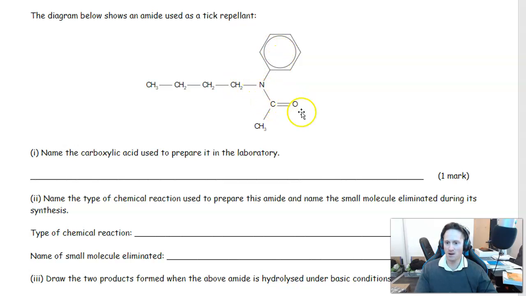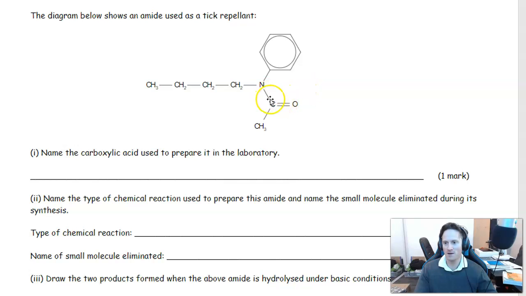All right. So the carboxylic acid part of the amide, you want to get a line chopping this CN bond, okay? Because the carboxylic acid is this part here. And what's come off? An OH, okay?